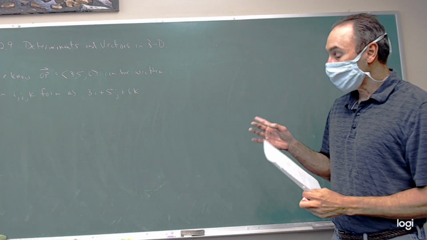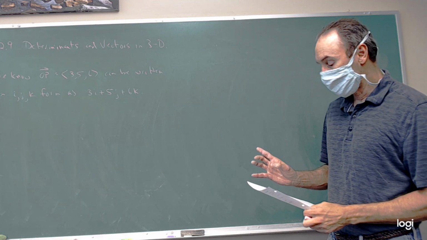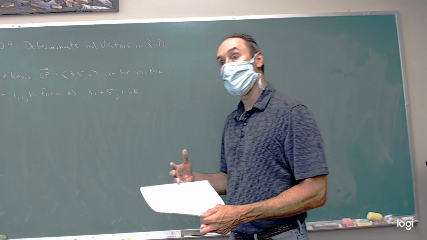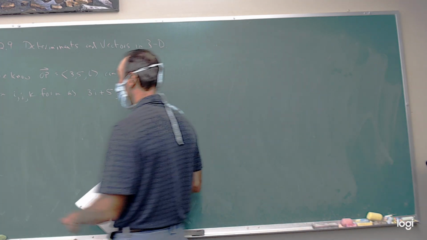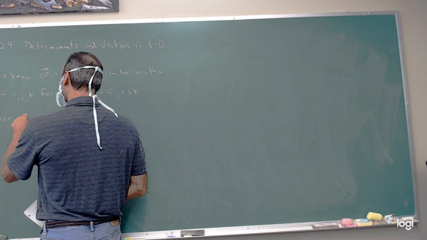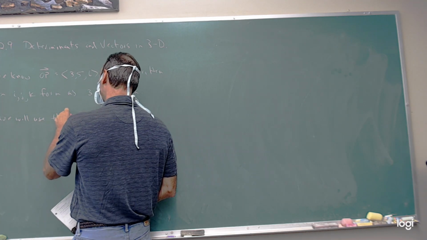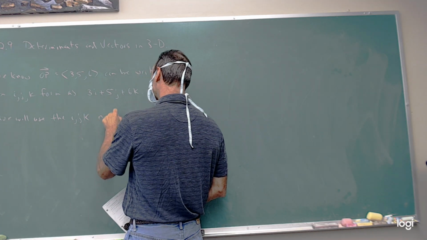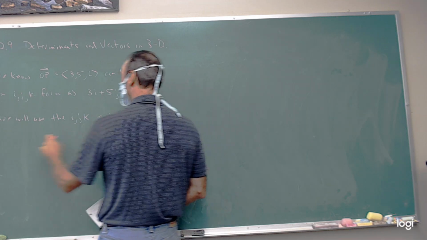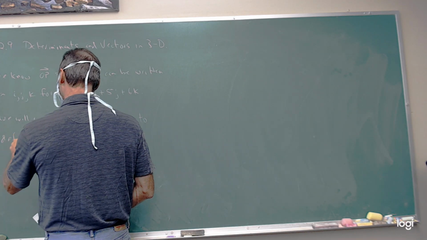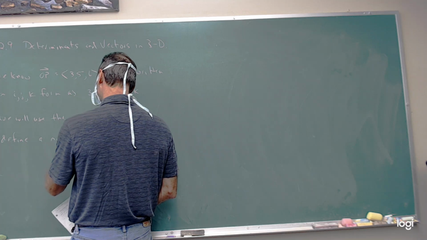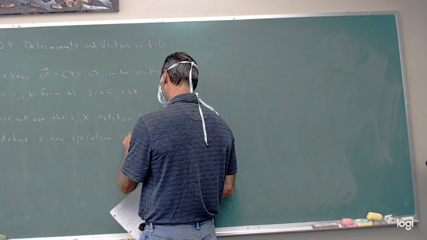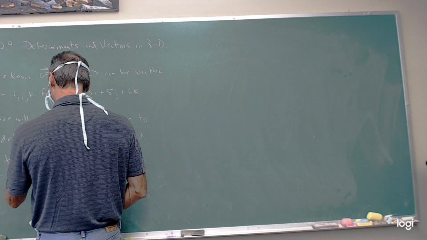So what's really kind of cool now, we're going to use this whole idea of IJK notation to define a new operation, a new kind of multiplication of vectors. So we will use the IJK notation to define a new operation on vectors called the cross product.